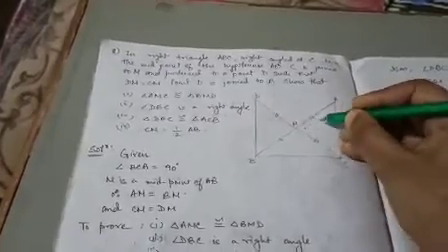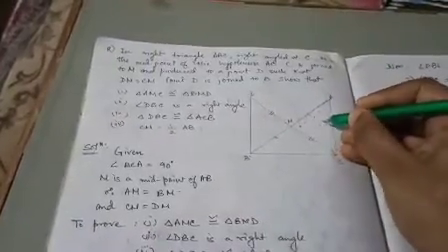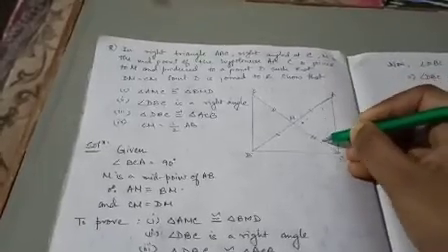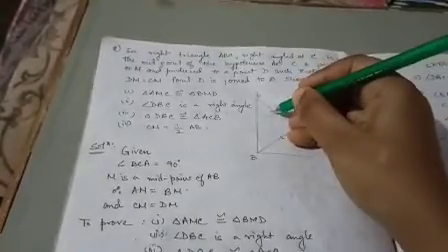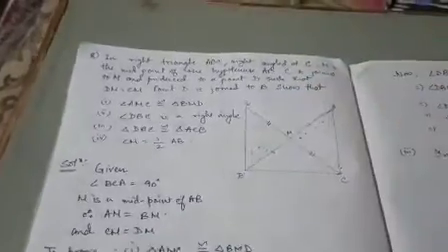Now these dotted triangles are to be shown equal.